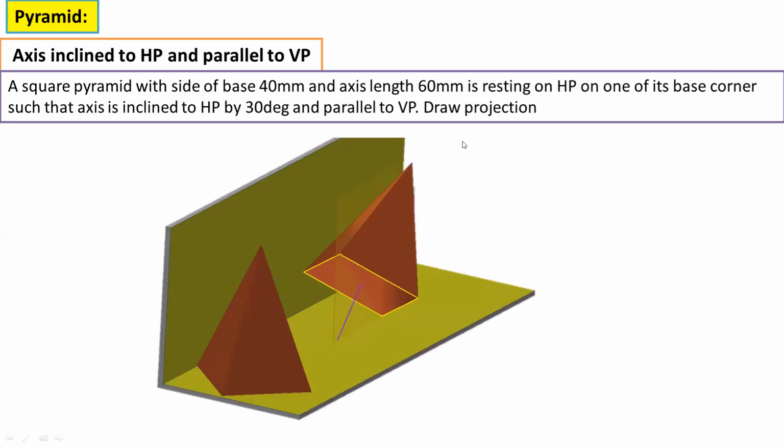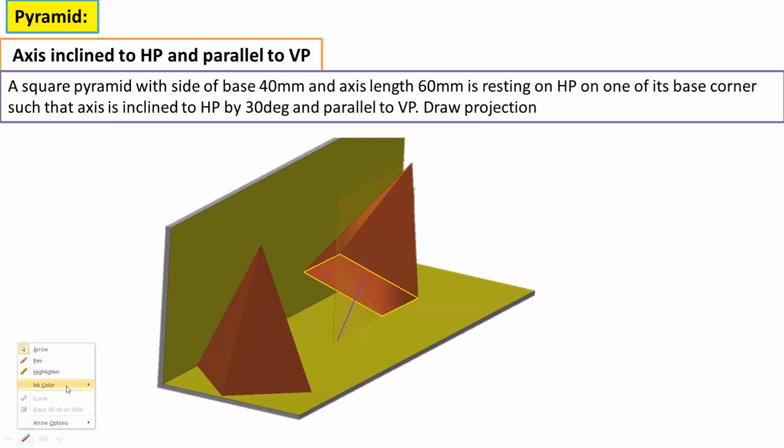In the first stage, you should assume the complete pyramid, that is, the base of that pyramid is exactly on the HP such that the axis of the pyramid is perpendicular to the horizontal plane and parallel to the vertical plane. That is the first stage, the basic representation. In the second stage, you will rotate the pyramid in the clockwise direction such that its axis will be inclined. This line represents the axis.